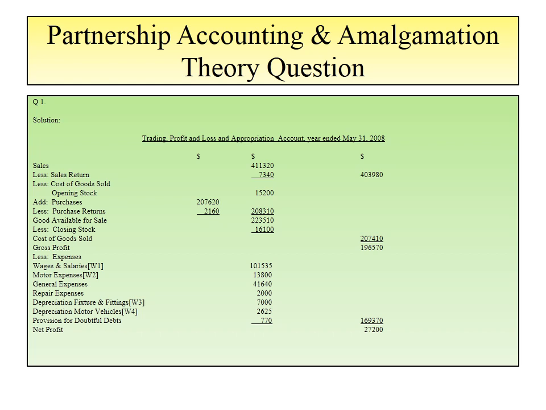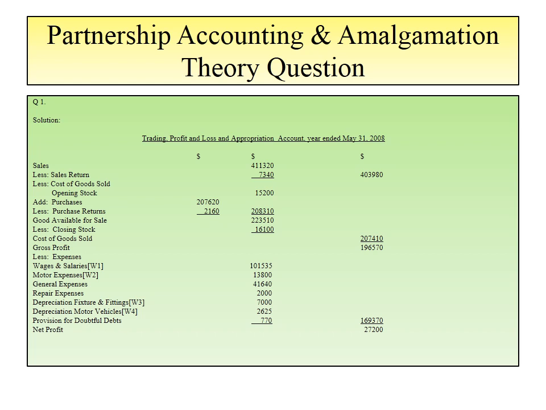Depreciation of fixtures and fittings is worked up in the last slide as 7,000, and depreciation for motor vehicles is also worked up in the last slide, 3,625, and provision for doubtful debts is 770. If we add up all the expenses, we get a figure of 169,370, and from gross profit we deduct these total expenses, we get a figure of net profit, that is 27,200.